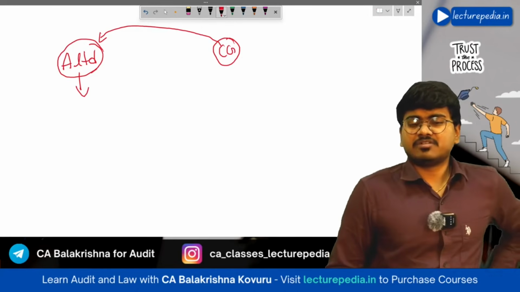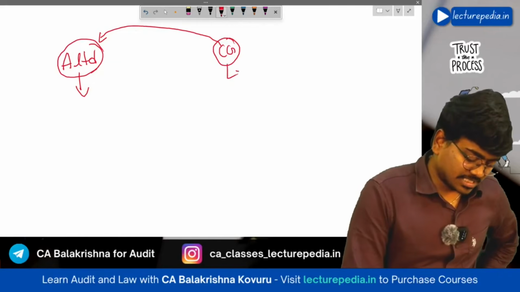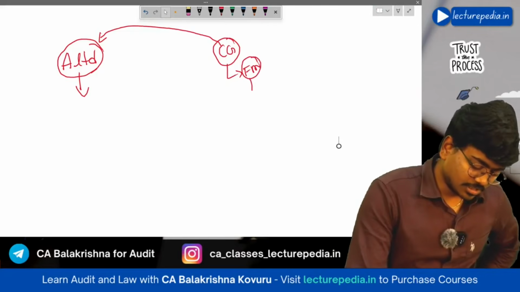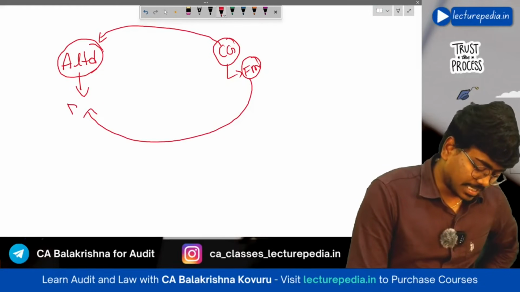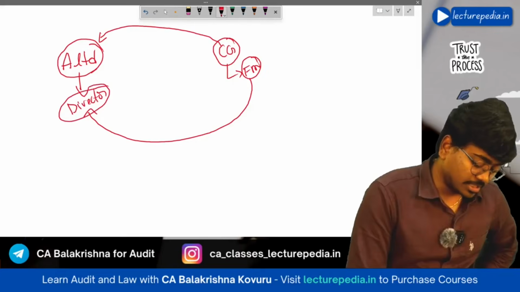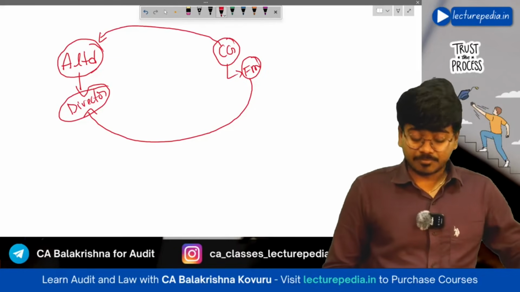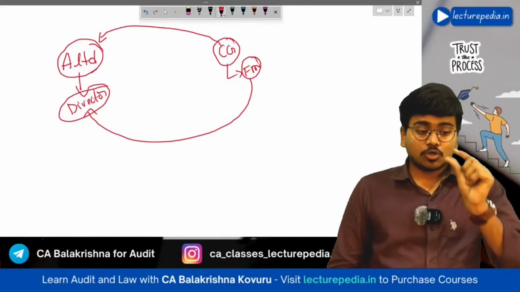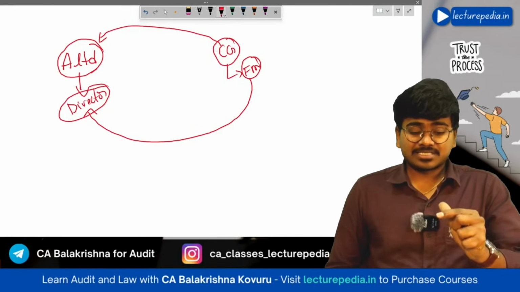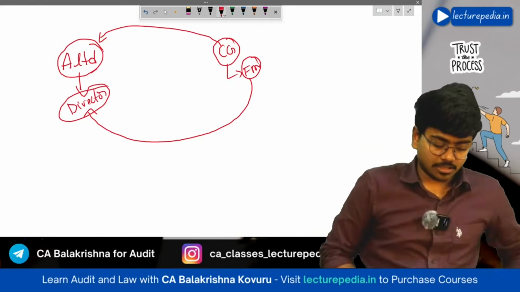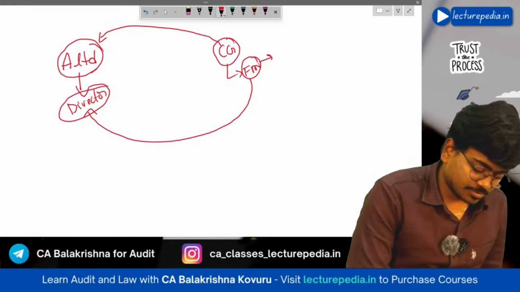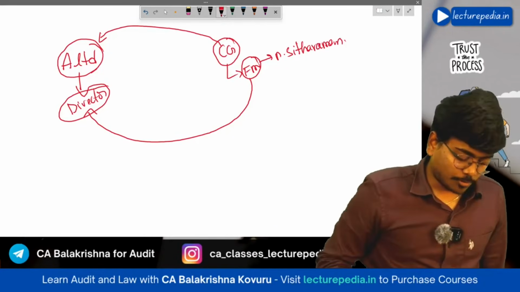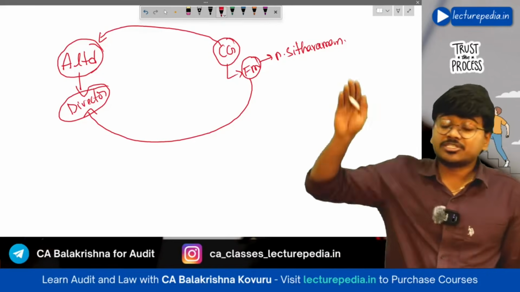Since the central government has invested a certain amount in A Limited, the finance minister from central government will be appointed as director of A Limited. Now, you are not appointing a particular person directly as a director. You are appointing a person holding a certain position as a director. As on today, finance minister is Nirmala Sitharaman. So you have appointed Nirmala Sitharaman as director. Why? Because she is the finance minister.